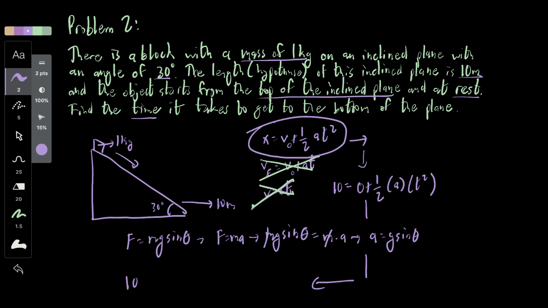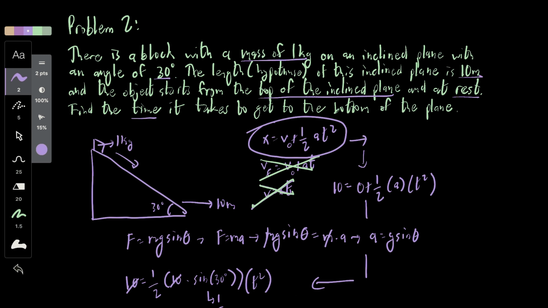So now that we know our acceleration, let's evaluate. We have 10 is equal to 1/2 times g, which is 10, times sine of 30 degrees, times t squared. So 10 and 10 cancel out. Sine of 30 is 1/2. So 1/2 times 1/2 is equal to 1/4.